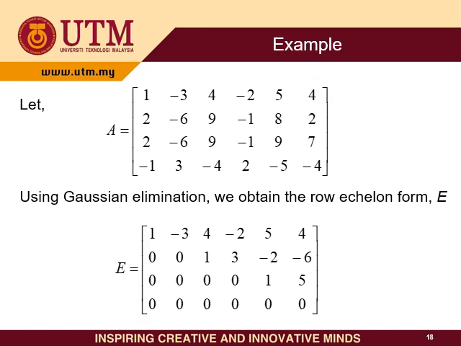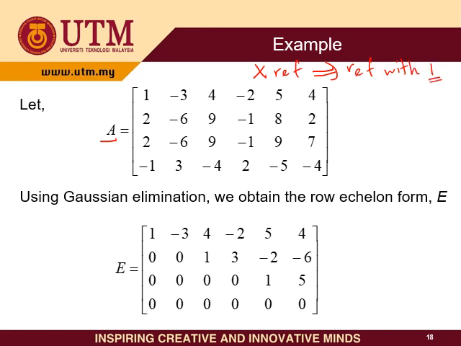Let's look at our second example. They give us matrix A, but as you can see, compared to the previous example, this is not in row echelon form, so we must change it into row echelon form with leading 1.